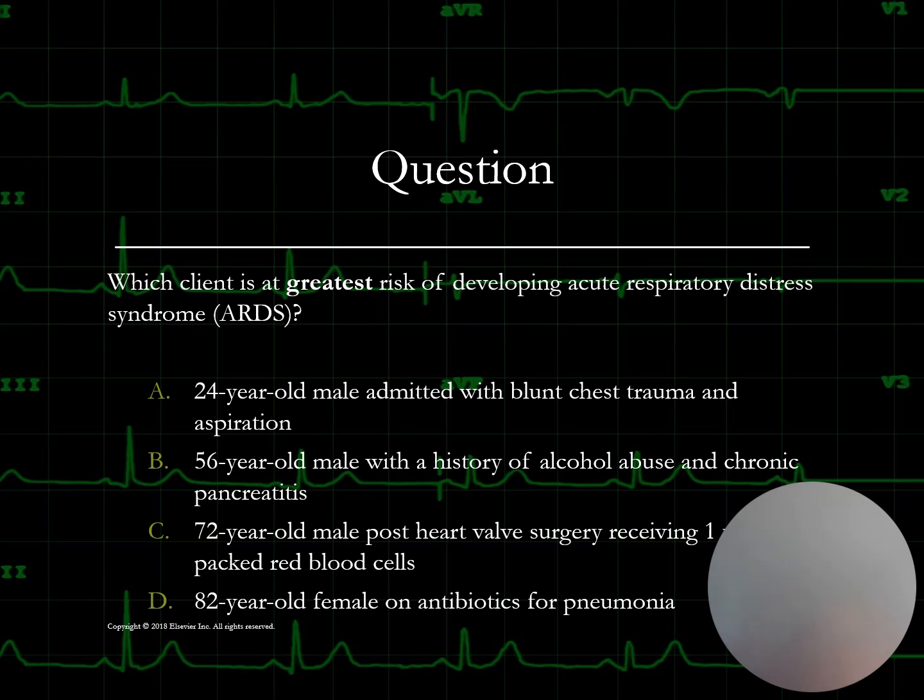The correct answer is A. All of these clients actually will create a risk for ARDS, but the trauma client that has the direct chest injury and known aspiration is going to be at the greatest risk for developing ARDS. The most common risk factor for ARDS is going to be sepsis.